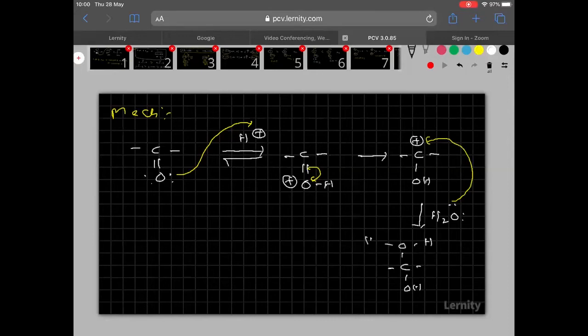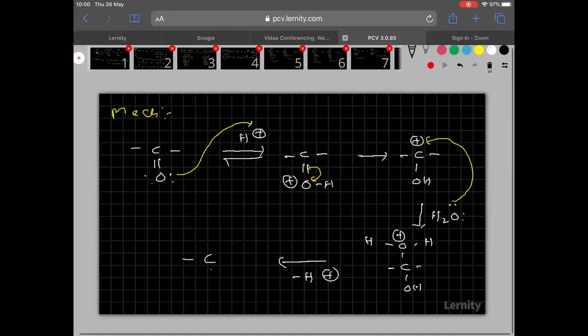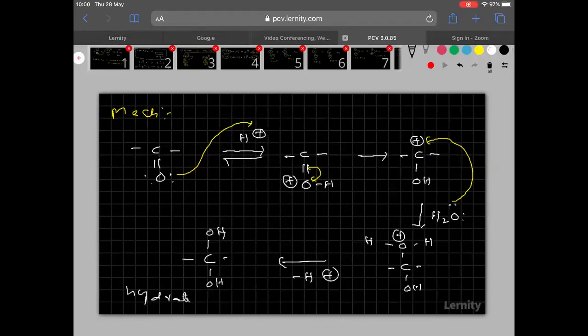In this way, we get the positive charge on oxygen. But oxygen, one of the more electronegative elements, cannot bear the positive charge. Immediately H plus is lost. Are you followed? Then what is the product that we get here? See clearly, 2 OH groups on the same carbon. So this is said to be what? Hydrate. This is the mechanism of the hydrate formation.